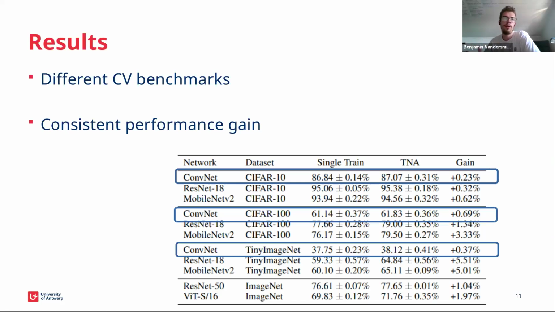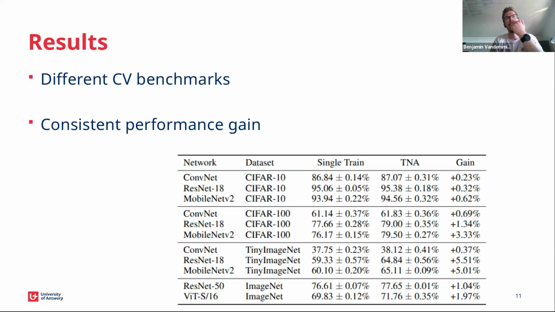This is also to be expected, because these are quite tiny models, and as such they don't have a lot of representation capacity, so there is likely also less to be gained. Now, for the other cases, we can see better results. We can see gains ranging from 1 to 5% validation accuracy increase, which is quite significant.